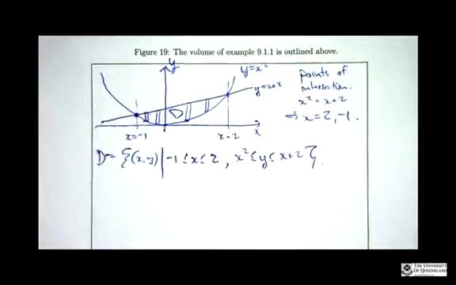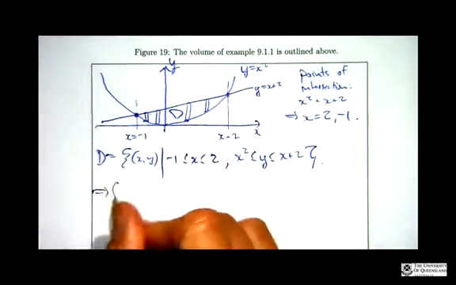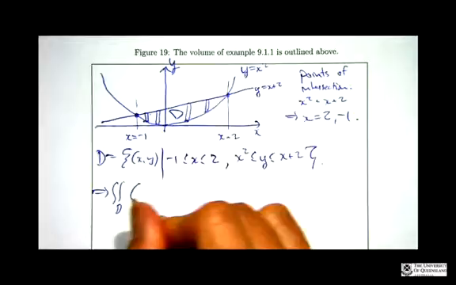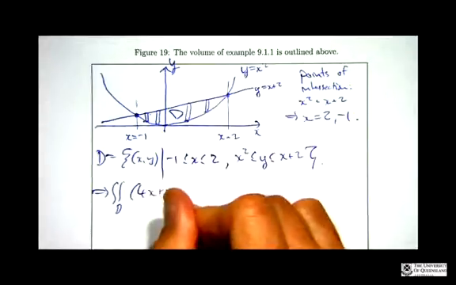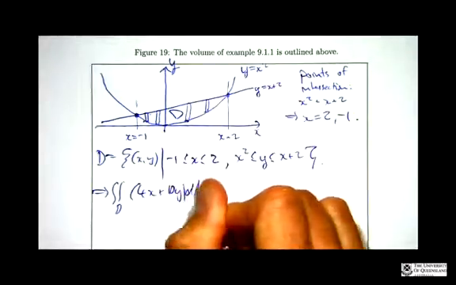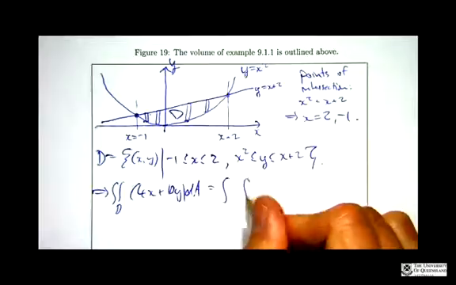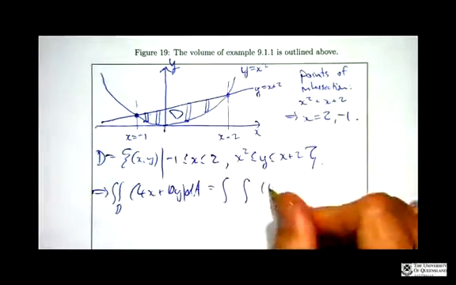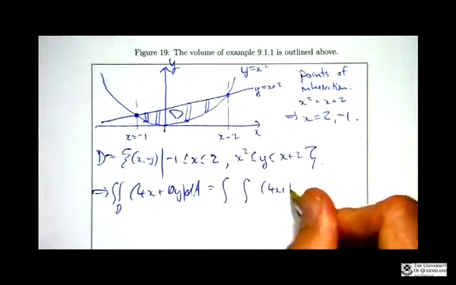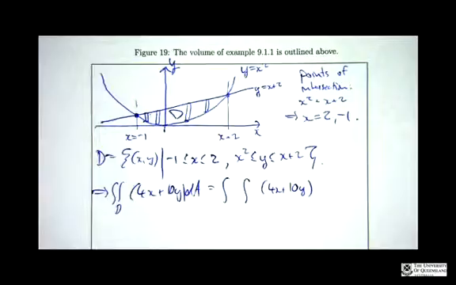Now we've got all the information we need to apply Fubini's theorem. So we can write down that the double integral of 4x plus 10y dA is this iterated integral, where we've identified it as a type 1 region.